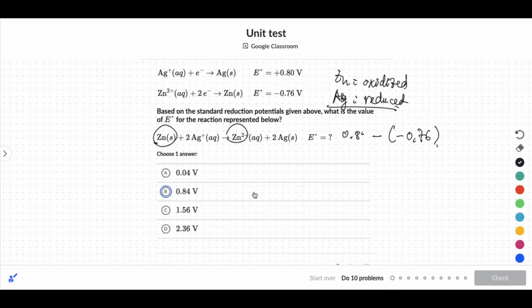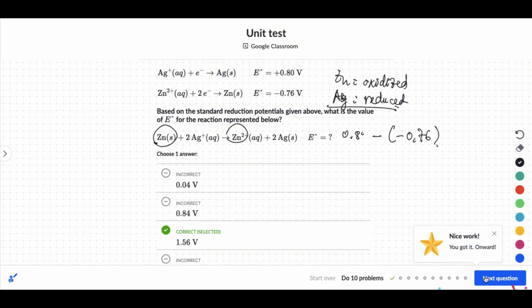So we're left with C as the correct answer.